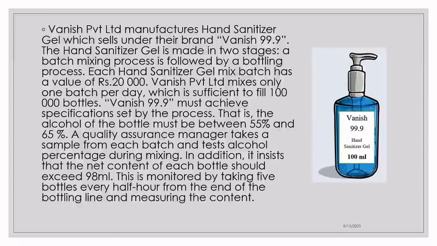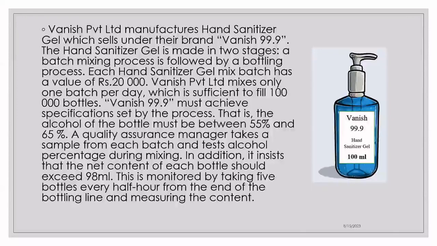specifications set by the process. Normally, we know that, no? For each and every process, there is a specification set by the process. That is, the alcohol content of the bottle must be between 55% and 65%. We know that alcohol is one of the main ingredients of the sanitizer gel, right? They have mentioned it should be between 55 and 65.